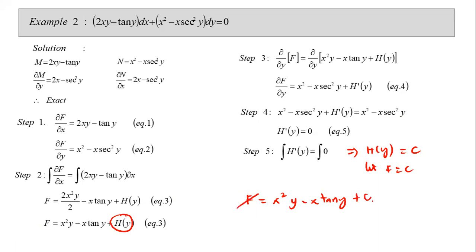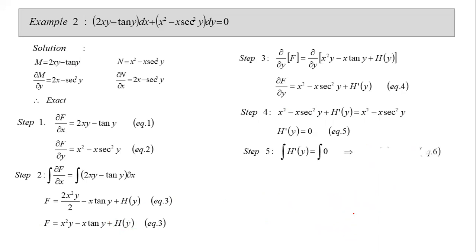I'll just let this to be c1. Okay. And then this f shall be replaced by c, a constant. And you know that c plus another constant is still another constant. And that's equal to x squared y minus x tangent of y. And that's the general solution that we are looking for. Okay. So that's x squared y minus x tangent y equals c.